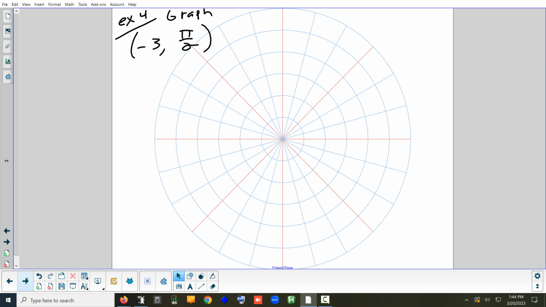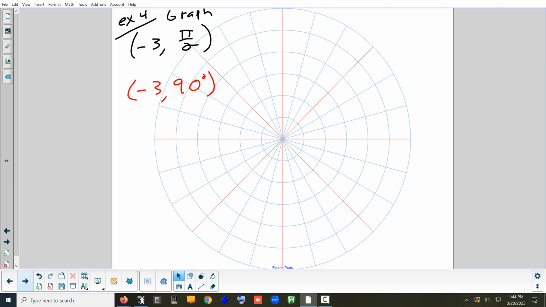Okay. Let's try this. Negative 3, comma, pi over 2. What's pi over 2? We just did pi over 4, so this is double. This is 90. Negative 3, 90. So, Naija, what's my radius?